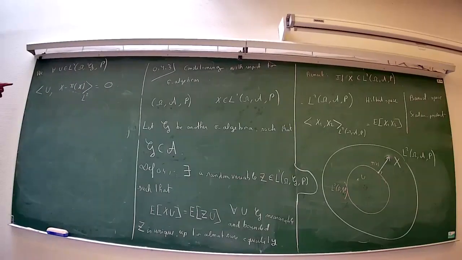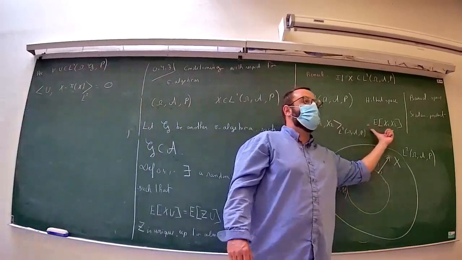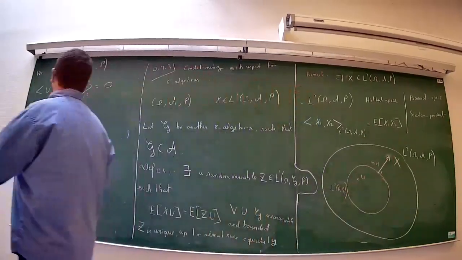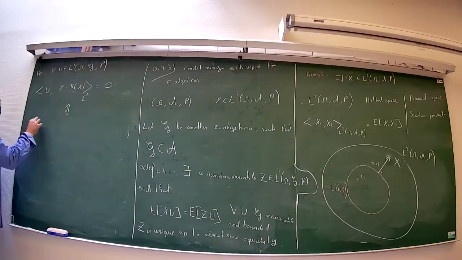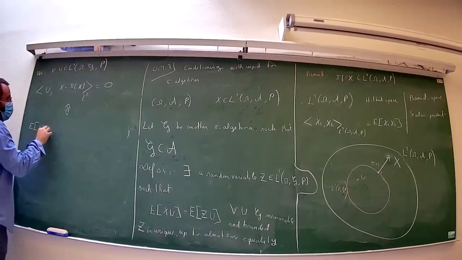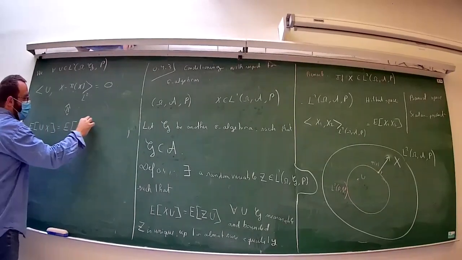And what is the meaning of this one? Keeping in mind that my scalar product is just the expectation, this orthogonality condition is just that the expectation of u X is equal to the expectation of u pi of X.